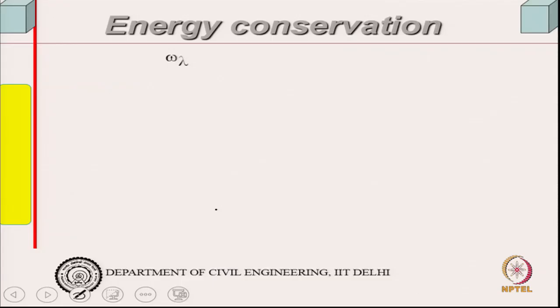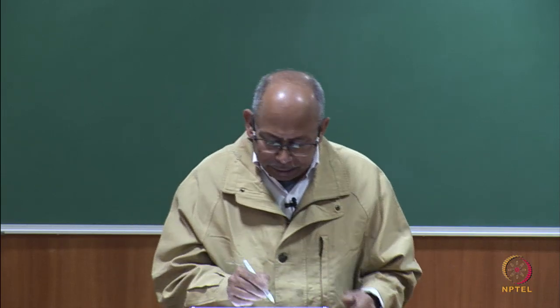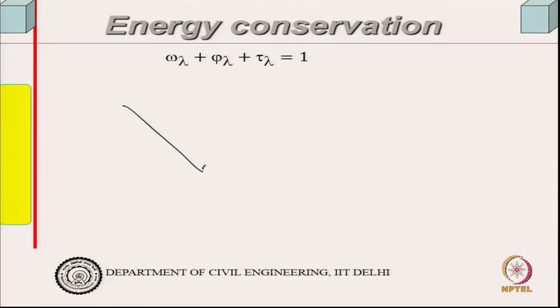Now, of course, the earth energy balance. I might have talked to you about it earlier, or may not have. Whatever is received by the earth in a year must go out.